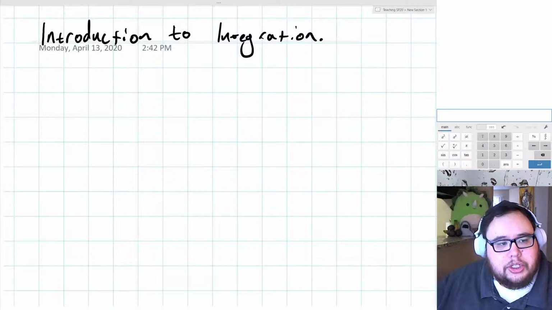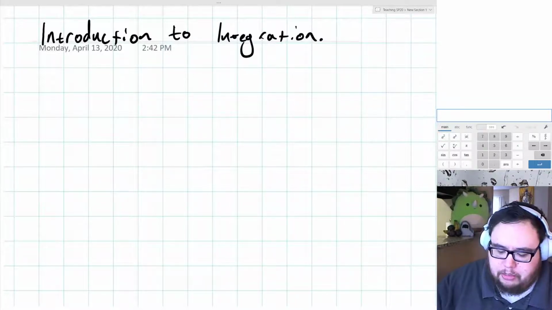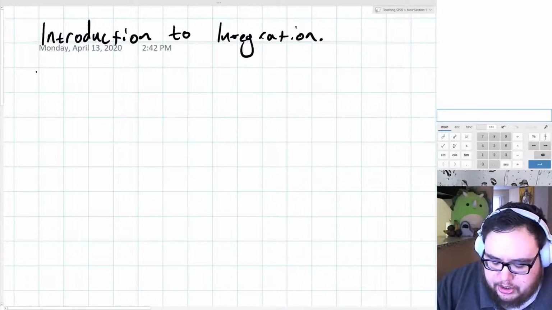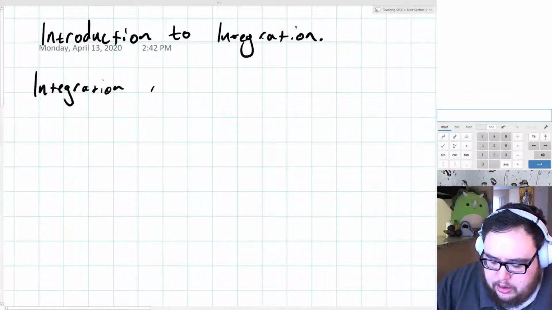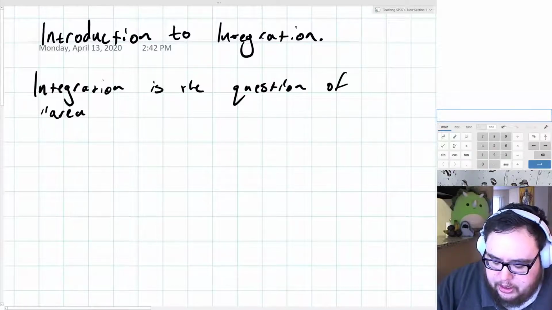The other question that is important in calculus is the problem of integration, which is the problem of the area beneath the curve. So integration is the question of area beneath the curve.